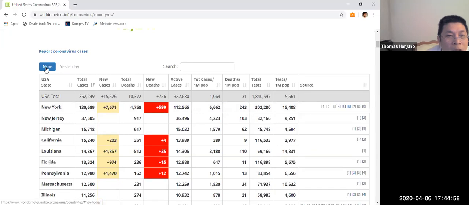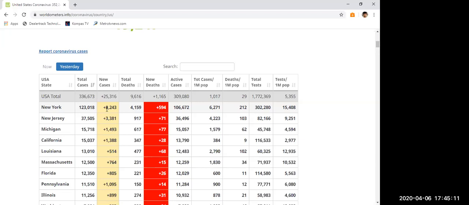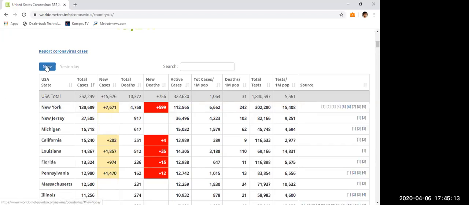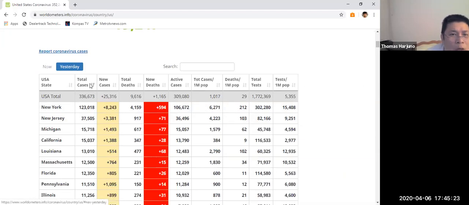Today, the total cases is 130,000. But yesterday, they gained 8,000 people confirmed positive in that one day. Between yesterday and today, only 7,000 people. Of course, 7,000 people, don't get me wrong, it's still a lot. But at least it seems like we are getting better.